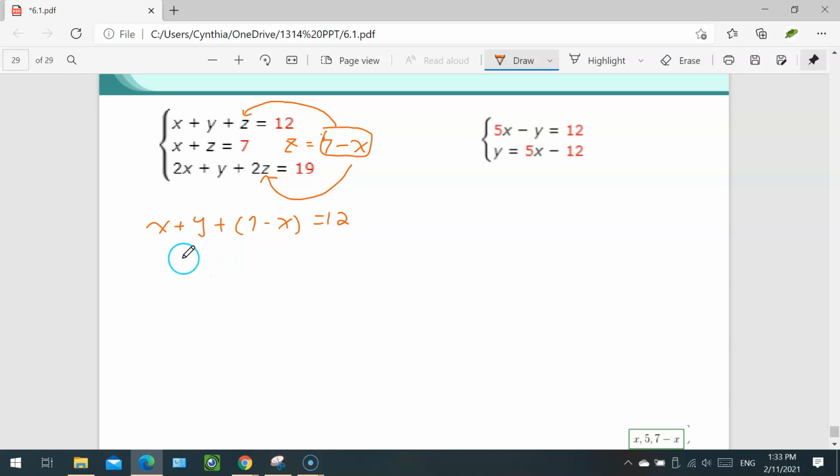Now the first equation, let me remove the parenthesis here, minus x equal 12. Now x cancels out, so you have y equal 5. Nice, we get a single value of y.